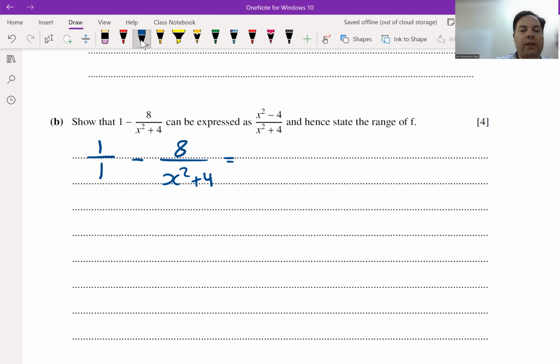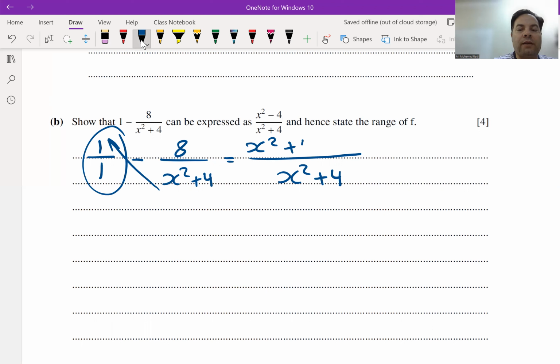Then finding the common denominator. The common denominator will be x squared plus 4, so you have to multiply this one by x squared plus 4. X squared plus 4 minus 8. So the answer will be x squared minus 4, all divided by x squared plus 4.